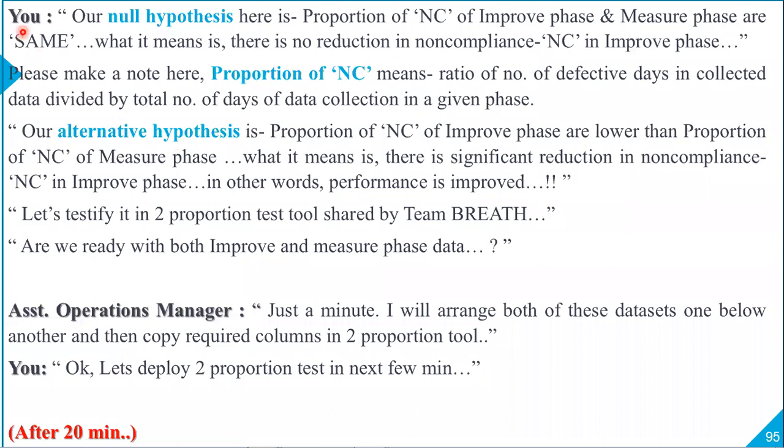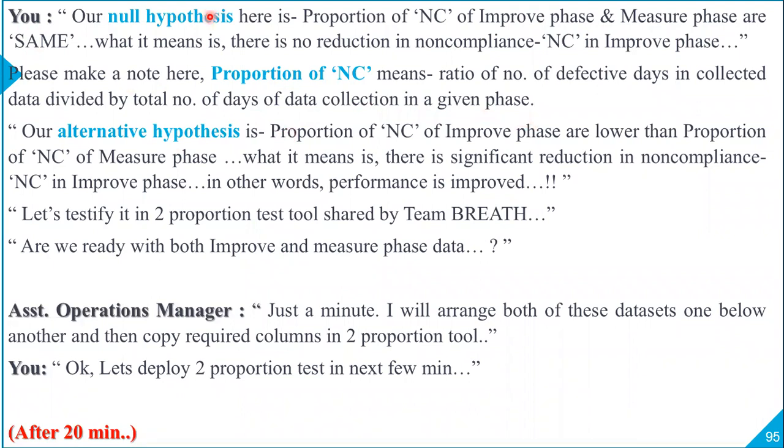Our null hypothesis here is that the proportion of NC of the improve phase and the measure phase are the same. What it really means is there is no reduction in non-compliance, that is NC, in the improve phase. Please make a note here: proportion of NC means the ratio of the number of defective days in the collected data divided by the total number of days of data collection in a given phase.